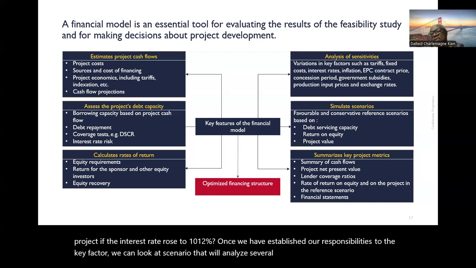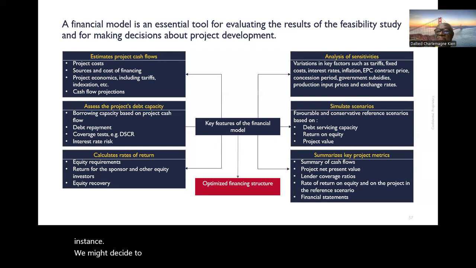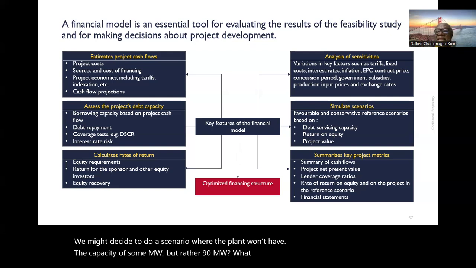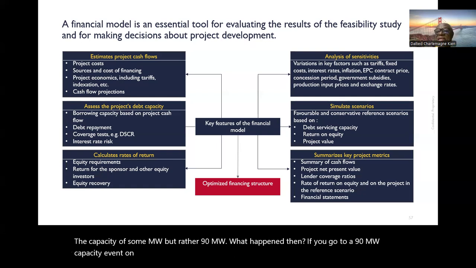For instance, we might decide to do a scenario where the plant won't have a capacity of 100 megawatt, but rather 90 megawatt. What happens then? If we go to a 90 megawatt capacity, then on the CapEx side, we will have to make a few changes because the cost will be lower.